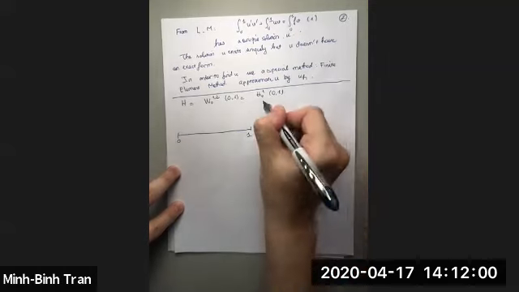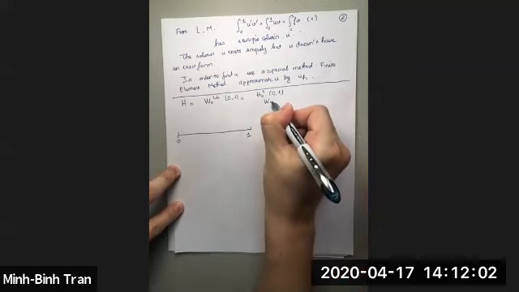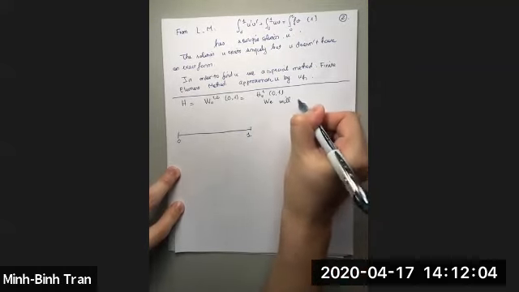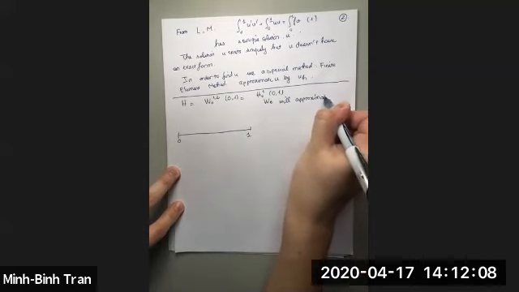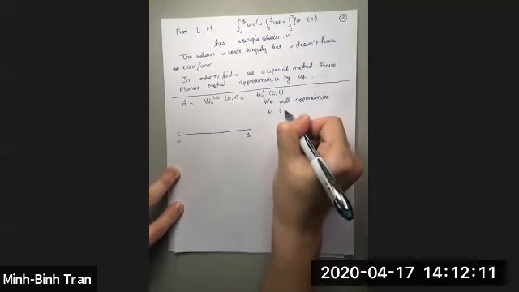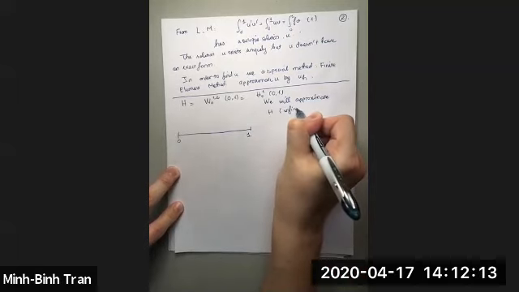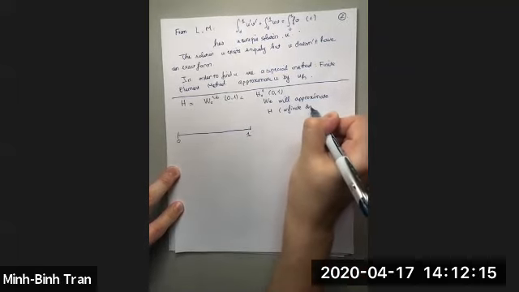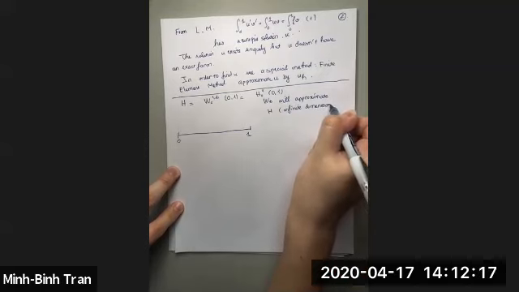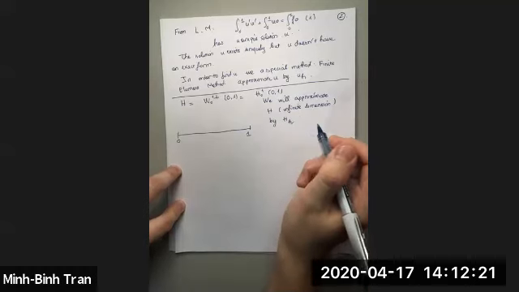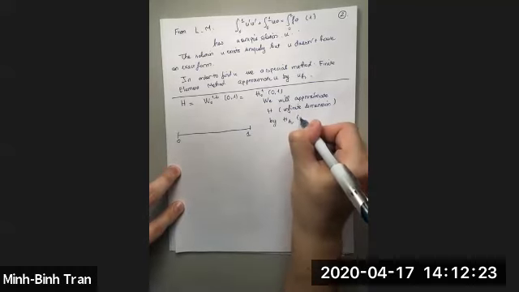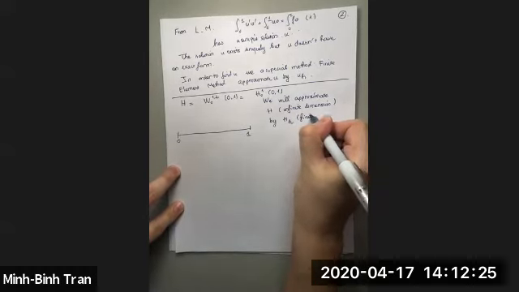So we will approximate H, which is infinite dimension, by H_h. This is finite dimension.